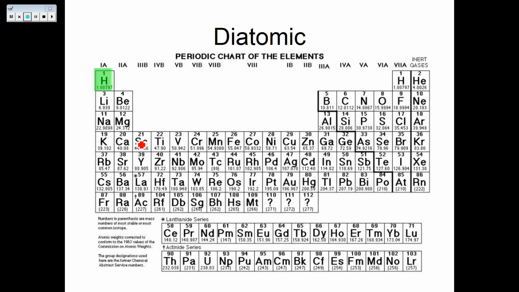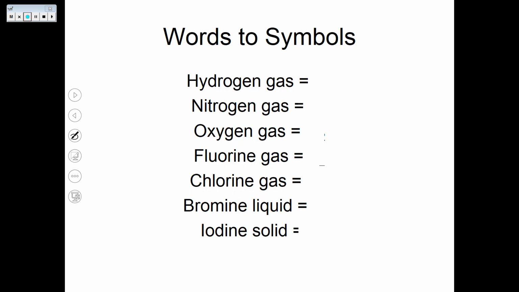These 7 diatomic gases get written with a subscript of 2. It's easy to remember where they are because of the following. Hydrogen is the first one. The other 6 start at element number 7, and then they form a physical 7 on the periodic table down to iodine. So the 7 you have to memorize are H, N, O, F, Cl, Br, and I. So whenever you have the word hydrogen gas, nitrogen gas, oxygen gas, fluorine, chlorine, bromine, or iodine, they get written with subscripts of 2.